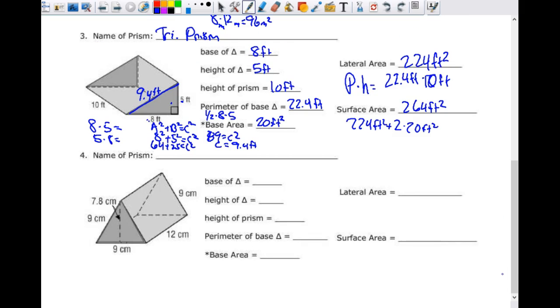What is the name of this prism? Who should I call on? Oh, I know who I should call on. Leslie. Triangular what? Triangular prism.